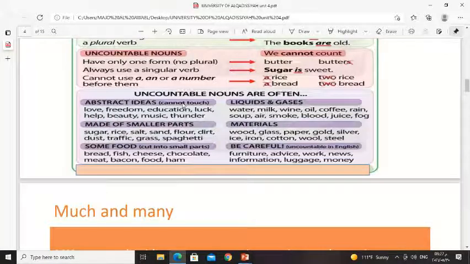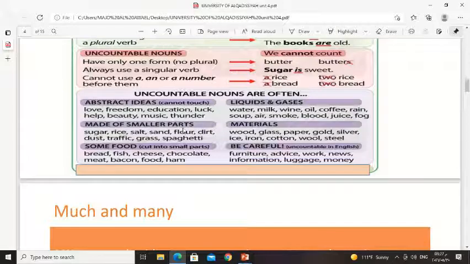أيضا uncountable nouns are often abstract ideas, cannot touch، يعني مثل المشاعر، مثل التعبير عن شيء معين، أفكار مختصرة. Love, freedom, education, look, help, beauty, music, thunder، كل هذه أسماء غير معدودة.